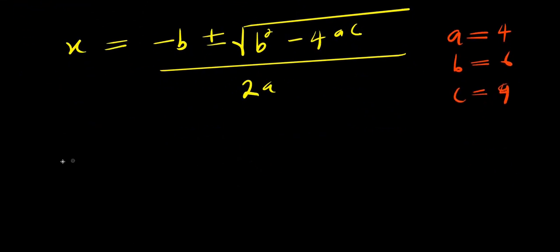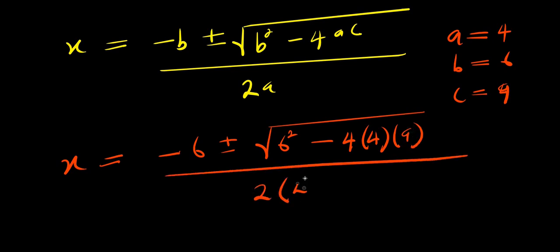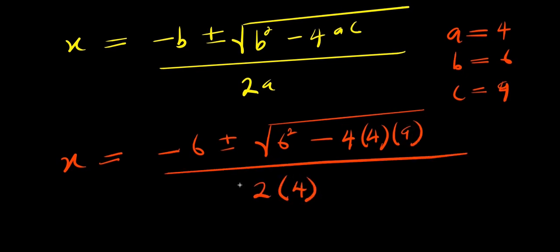So from here, we have x equals negative b, that's negative 6, plus or minus square root of b squared, that is 6 power 2, minus 4 times a, which is 4, times c, which is 9, divided by 2 times a, which is 4, right?